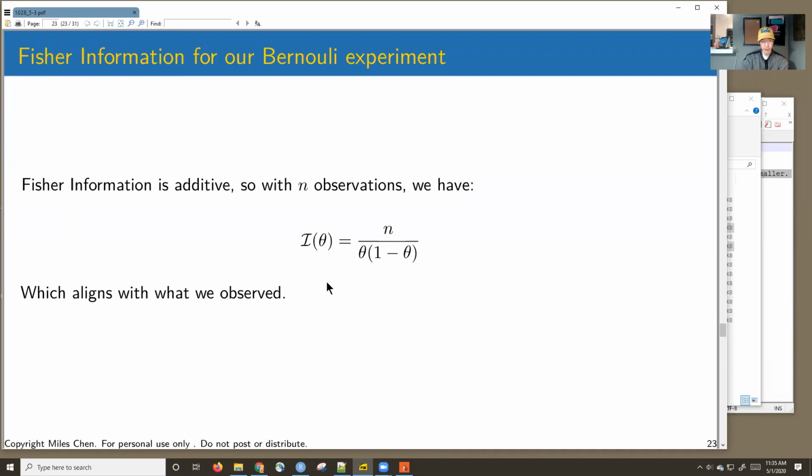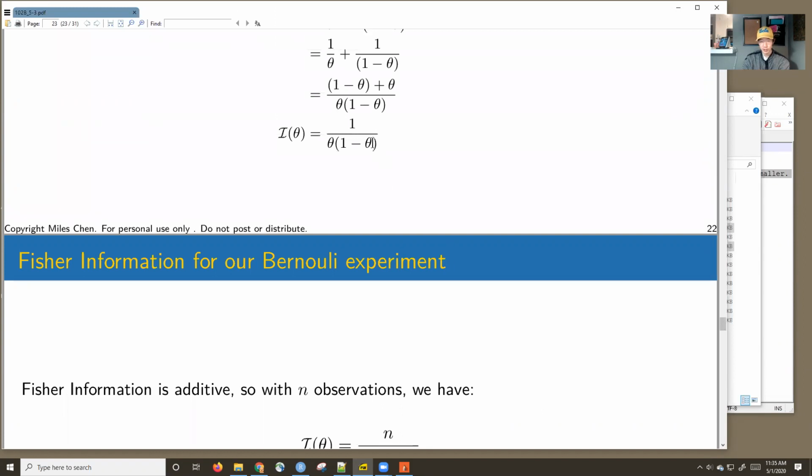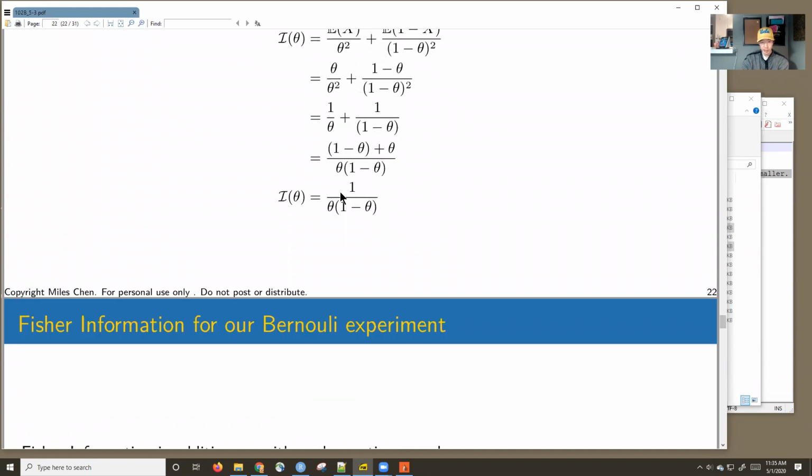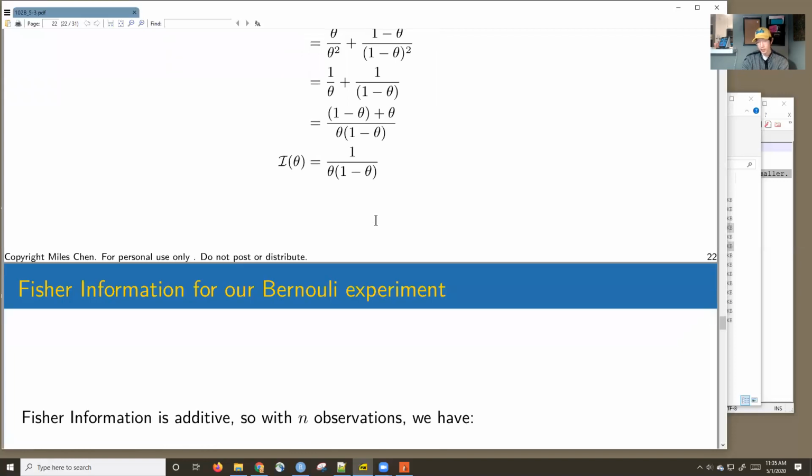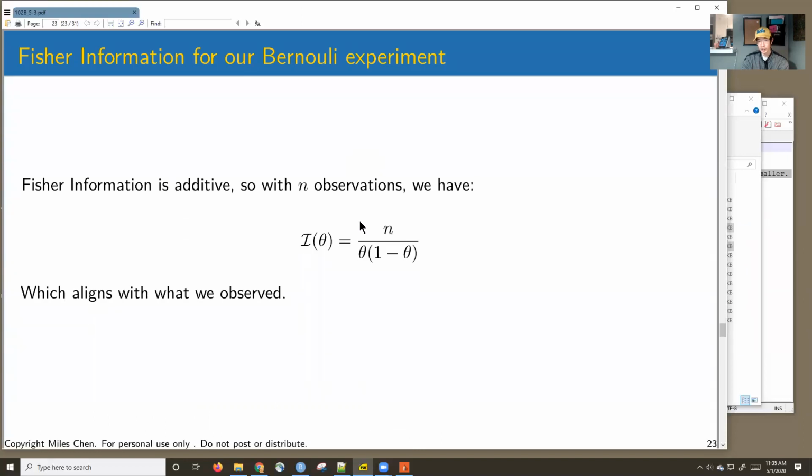A nice property is that Fisher information is additive. Each observation of x gives us this much information about the unknown parameter theta. Each observation we have gives us 1 over theta times 1 minus theta. So if I have n observations, if I get 10 observations, I'm going to have n times that. And if I have 1,000 observations, I'm going to get 1,000 times that.